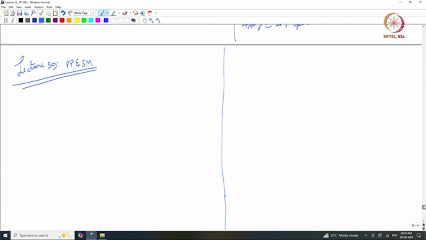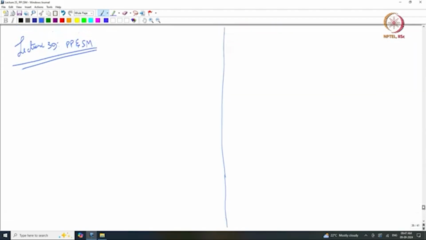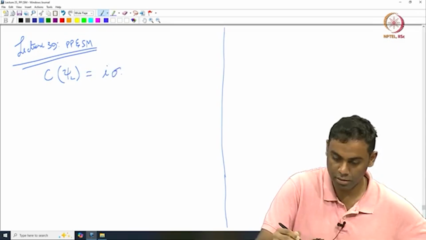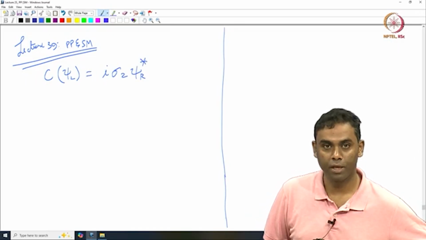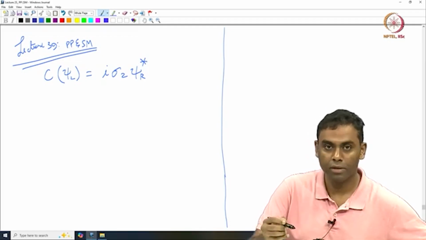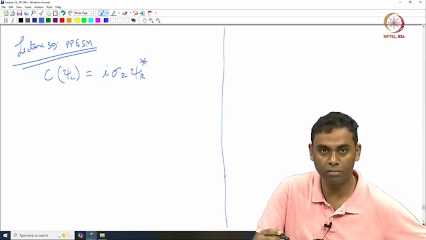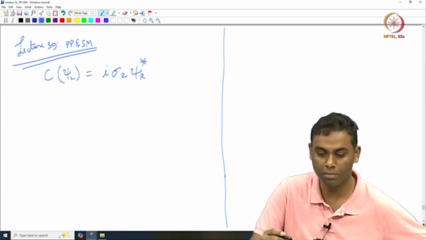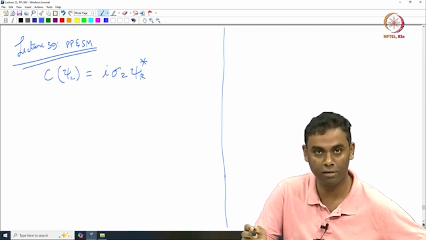Okay. So, I am going to give you this, but it is up to you to go and check it. Okay. I am going to give you the definition of charge conjugation, and it is this. If I hit a left handed spinor with the charge conjugation operator, you do expect there to be some complex conjugate, but then you actually go to the right handed field.